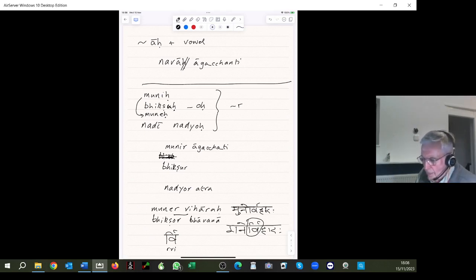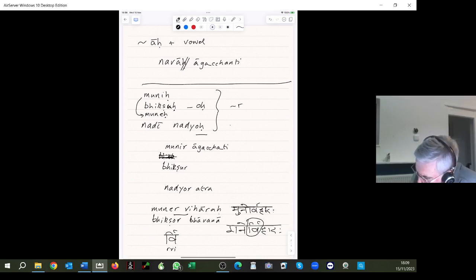So, what happens is that the r, if it's a long vowel, drops out. So let's say the Muni's rupa, statue.